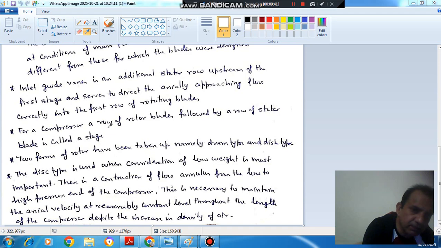Next point: for a compressor, a row of rotor blades followed by a row of stator blades is called a stage. Two forms of rotor have been taken up, namely drum type and disc type. The disc type is used when low weight is most important.